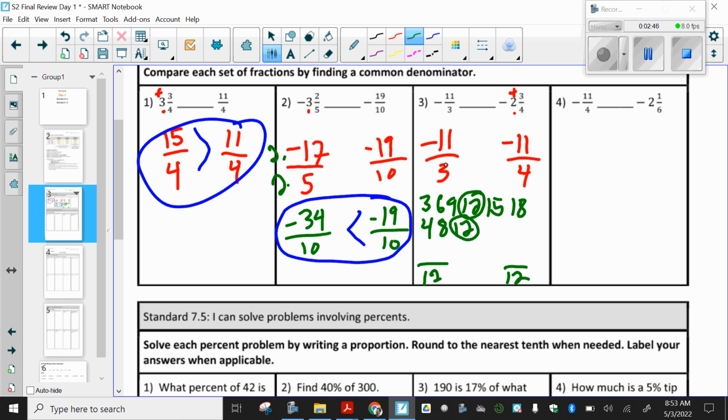I know that 3 times 4 is 12, so 4 times negative 11 is negative 44. On this side, I know 4 times 3 is 12, so 3 times negative 11 is negative 33. Our bottom numbers match. Now we can compare our top numbers, and I know negative 33 is larger than negative 44.